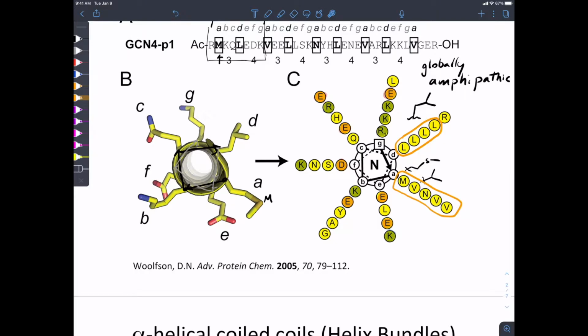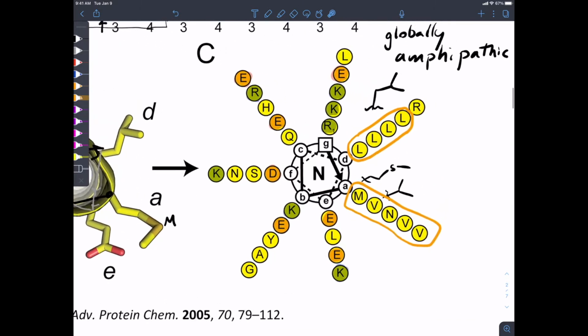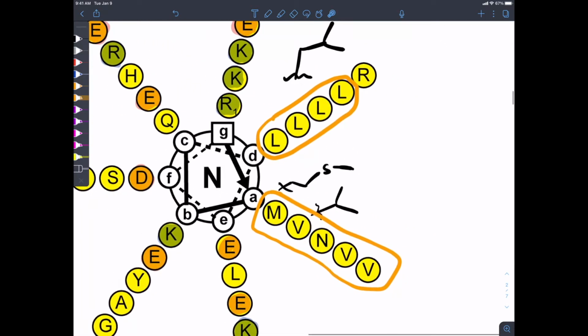And just to give you an idea for how well understood it is, I want to look once again at the nonpolar D and A position amino acids. Notice that the D positions here are all leucine, whereas the A positions vary a lot, but they have a lot of valine.